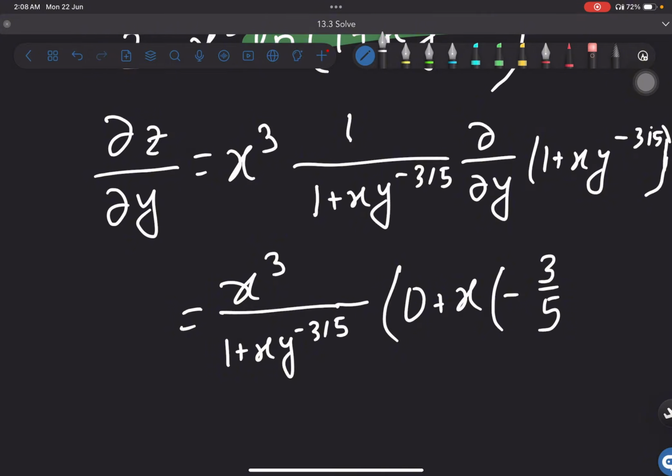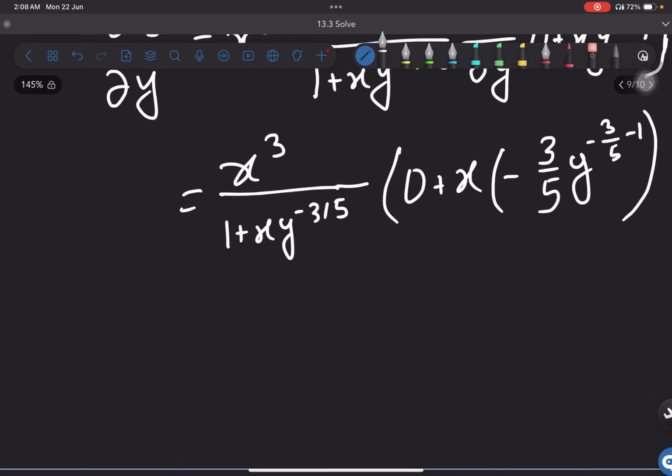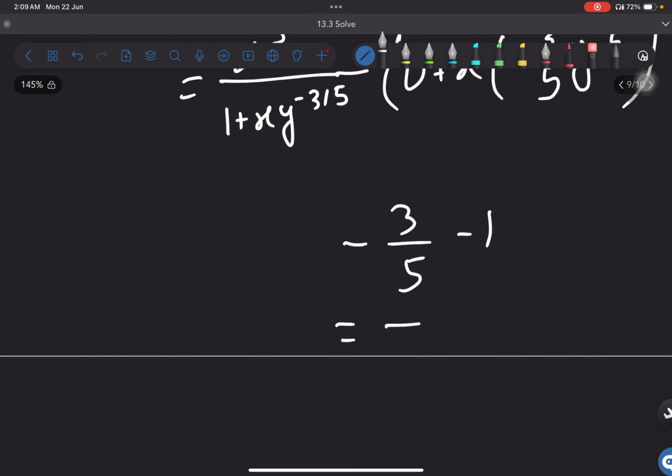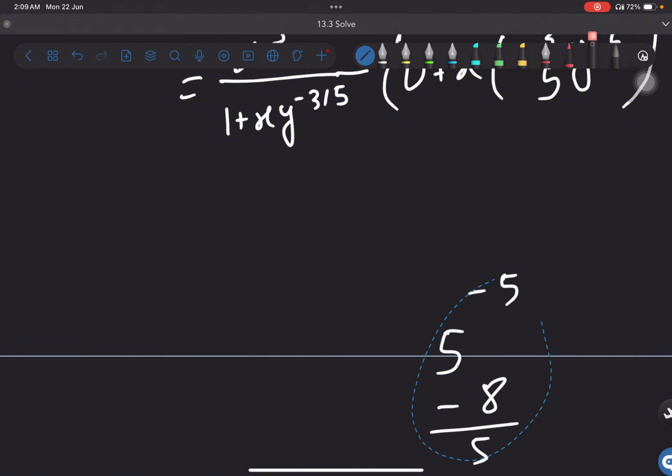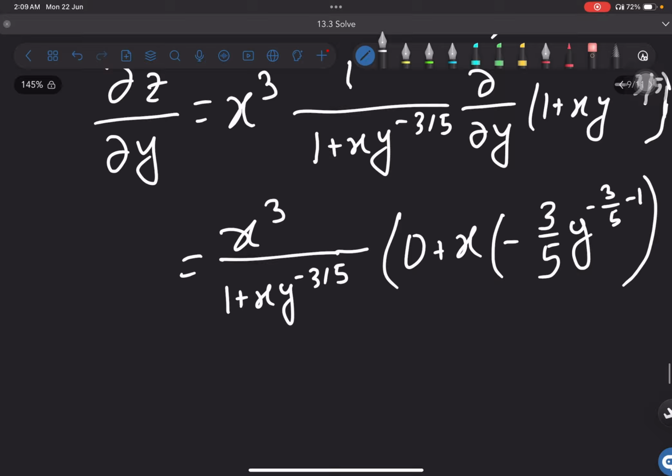Since minus 3 by 5 is the power of y, it will automatically come to the beginning, and then y becomes minus 3 by 5 minus 1, which if I just solve over here, it's a shame I can do calculus, but I can't solve these maths on my own. My bad. Okay, minus 8 by 5.